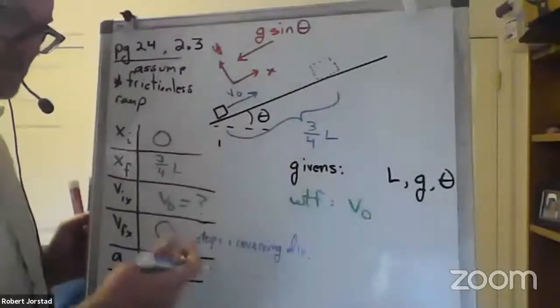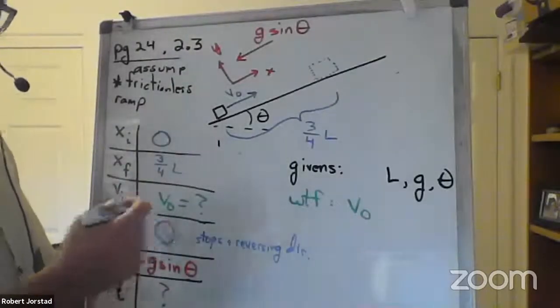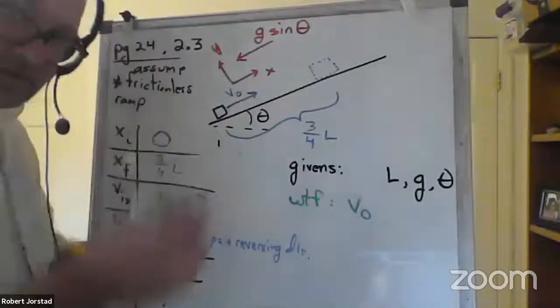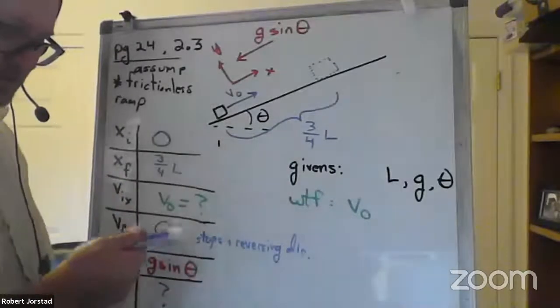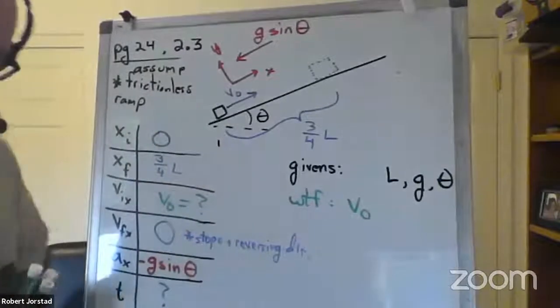And I'm just going to say it stops and reverses direction. That's the same thing as what you just said. Agreed? Basically, whenever an object reverses direction at its max height or its minimum depth, whenever it hits an extremum and reverses direction, this is true. So this is something you're supposed to kind of know from the words.